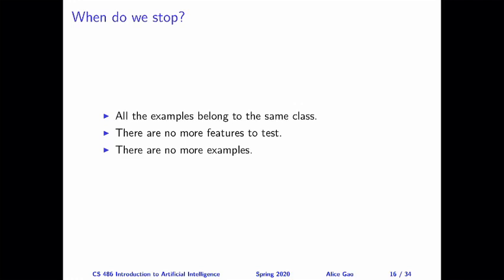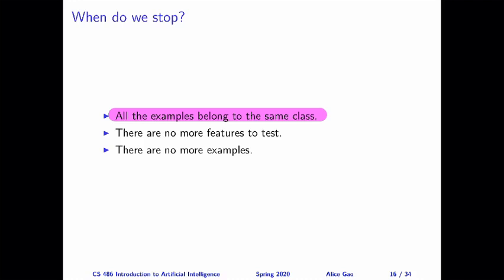So when constructing the decision tree, I told you that we can stop whenever all of the data points, the examples, belong to the same class. This is true, but we are dealing with a simple example right now where this is the only stopping criterion we have. It turns out there are 2 other slightly more weird stopping criteria that we can run into.